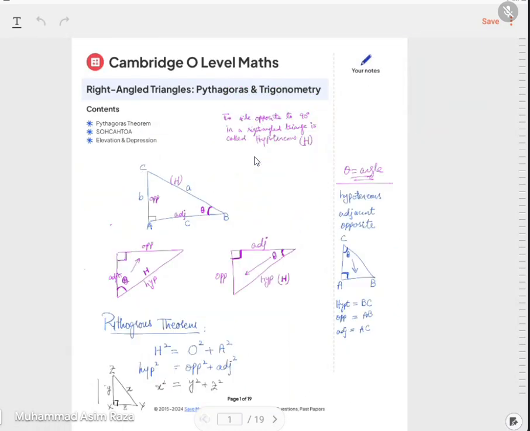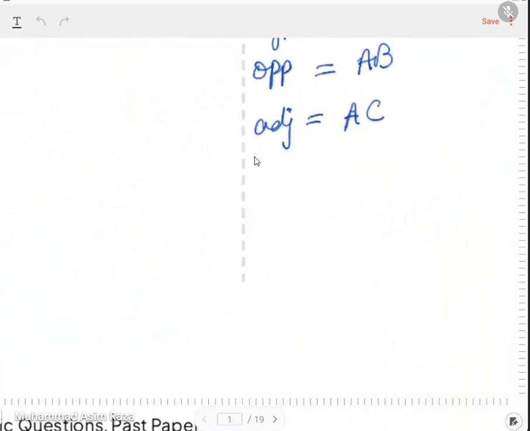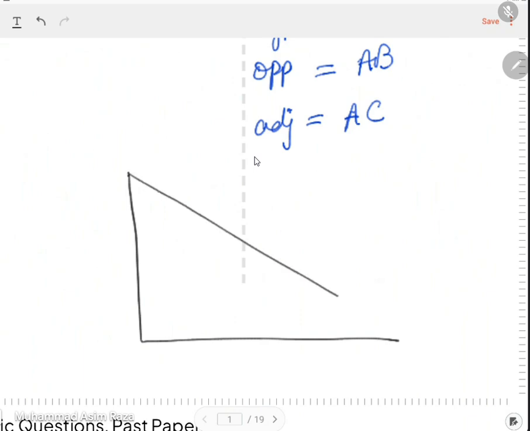Again, before we move forward, I'm going to revise what the important thing was. Let's say this is the triangle and this is 90 degrees. Then the length which is opposite to 90 degrees is called the hypotenuse side.